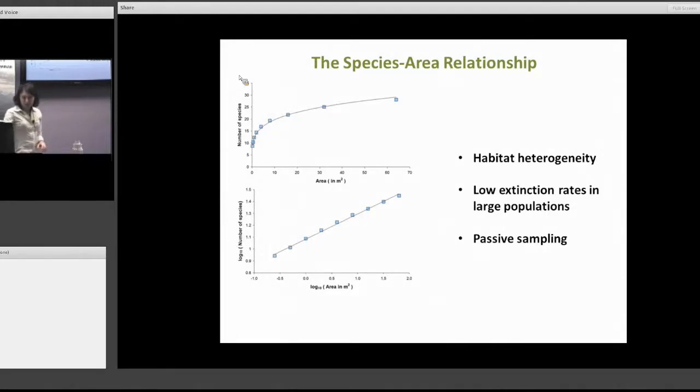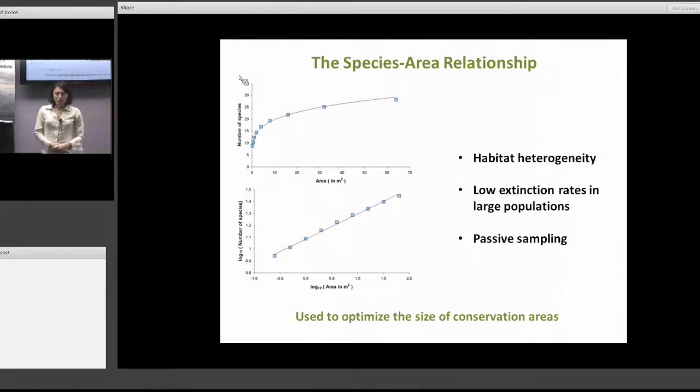And these relationships have been used in the past and currently to try and optimize the size of conservation areas. So you want to know how big of a habitat you need in order to conserve the greatest amount of biodiversity.